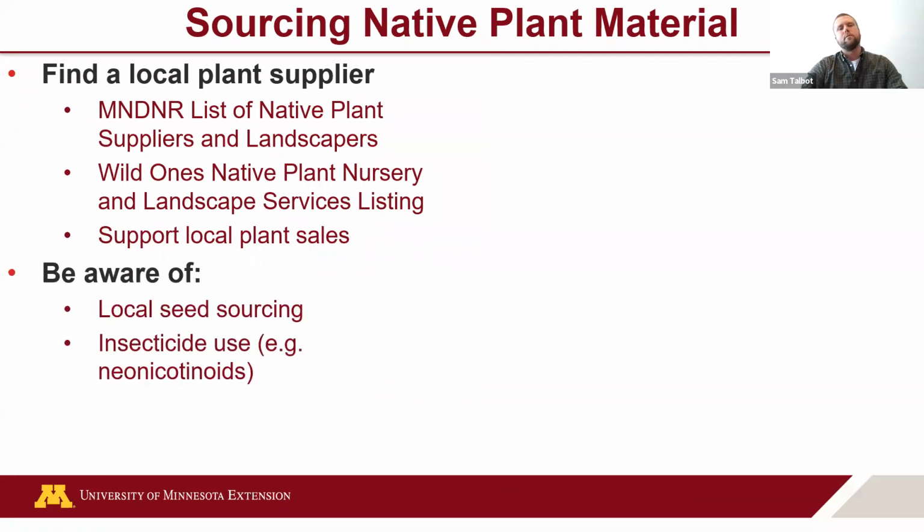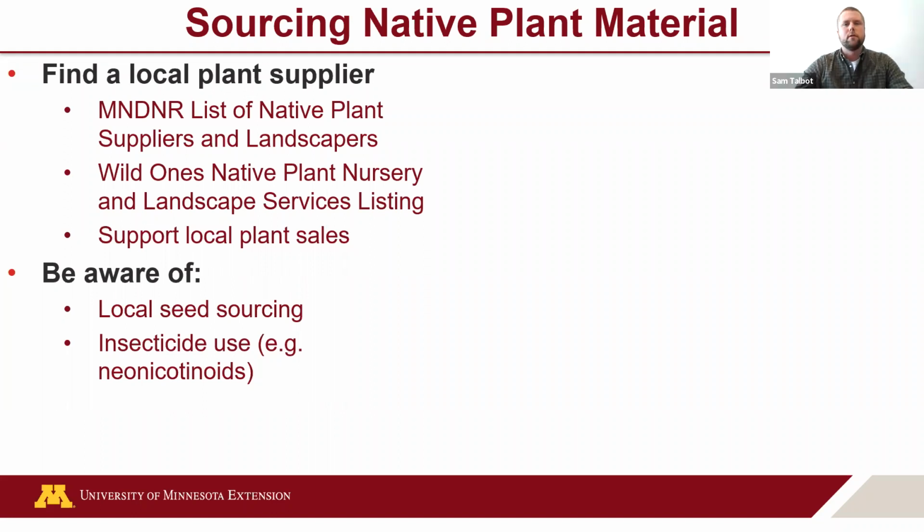And then there are a couple of things to be aware of when you're sourcing seeds. It's good practice to source as local as possible. That's sometimes difficult, or you might not even know where these suppliers are getting seeds, which is totally fine. It's just a guide, but natural resource practitioners usually try to source within 150 miles of where they're restoring prairie.